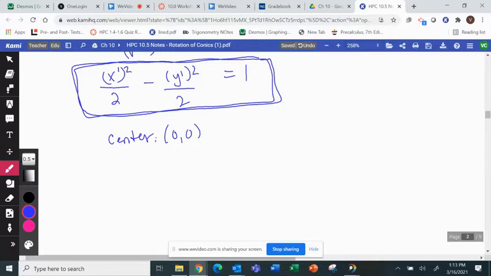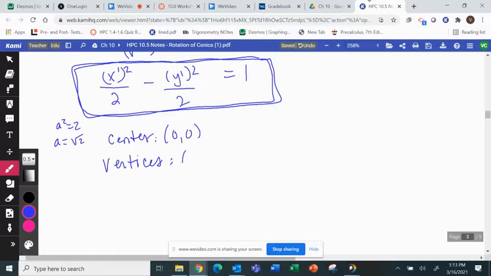Let's say that was your question to graph. What could you find? The vertices. So if we had to graph this and we needed to use the vertices to graph it, would the vertices be on the x's or on the y's? On the x because it comes first. And I would use, well, a squared is 2, so a would be square root of 2.